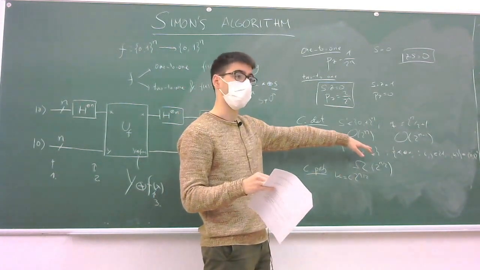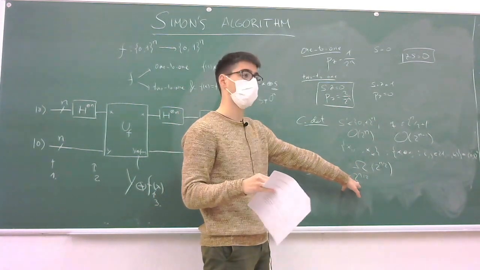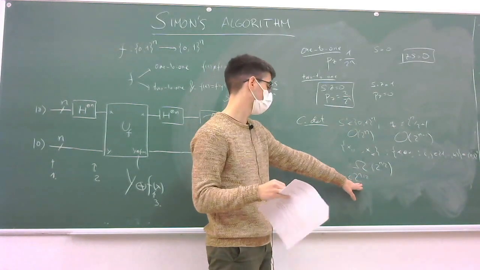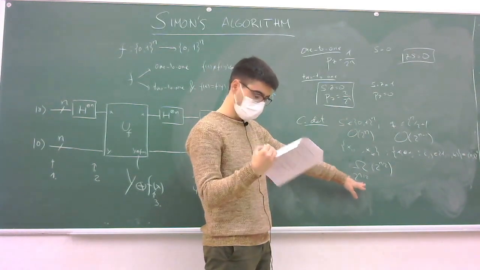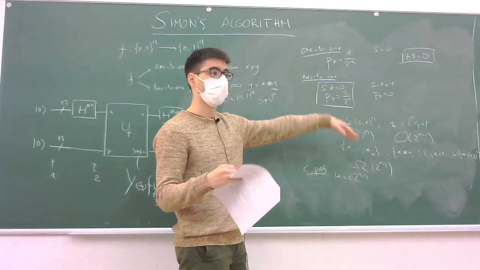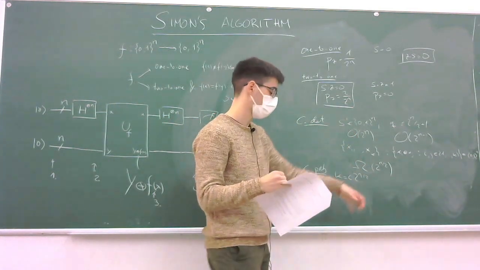Instead of checking all of them, you take a fixed number, which must depend on 2 to the n, to be bounded, and so on.